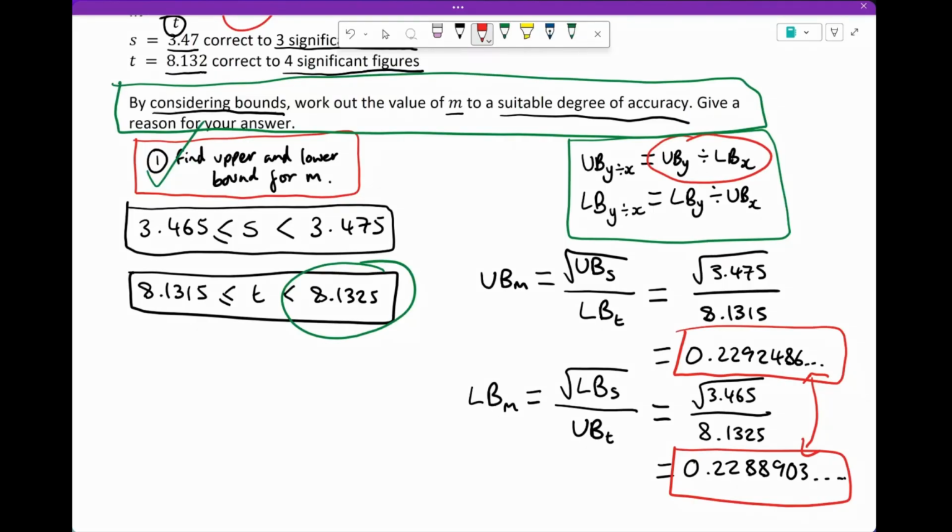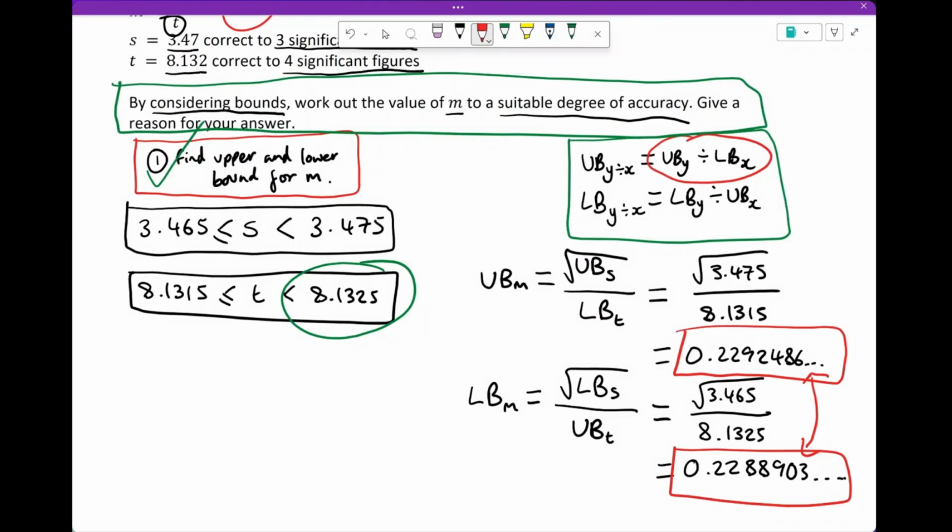Now, what a lot of people say is, oh, the midpoint, if we add them together and divide by 2. Now, that is a sensible choice. However, it's not what you're expected to do in this type of question. What you need to think about is which number does both our upper and lower bound round to? So say that again. Which number does both our upper and lower bound for M round to?